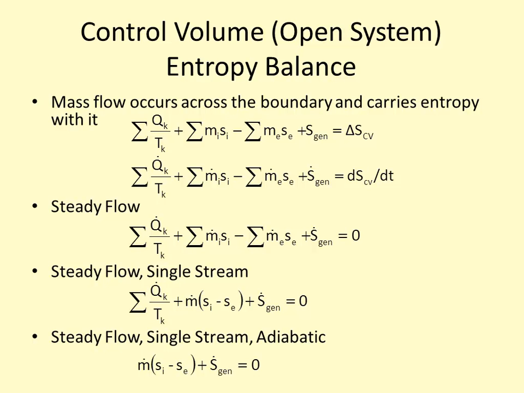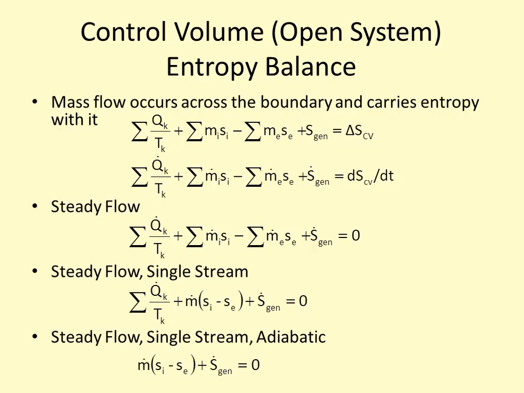Similarly, in the rate form, and as we've talked previously, this dS/dt, or the rate form of the change in entropy of the control volume over time, will be 0 if it's a steady flow problem. So if there's no change in property values over time within the system, then the same would apply for entropy, that the entropy is not changing over time in the system.